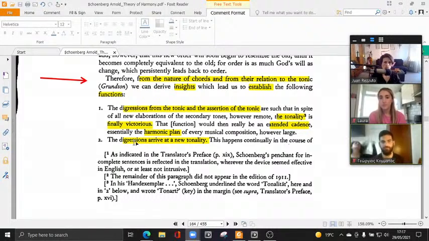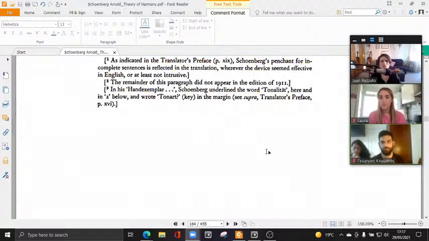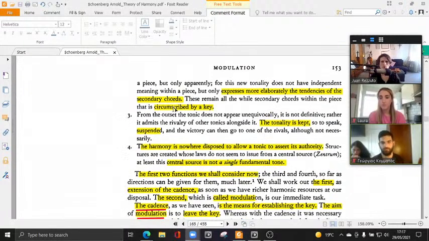The second relation of the nature of the chords to the tonic: the digressions arrive at a new tonality. This happens continually in the course of a piece, but only apparently.